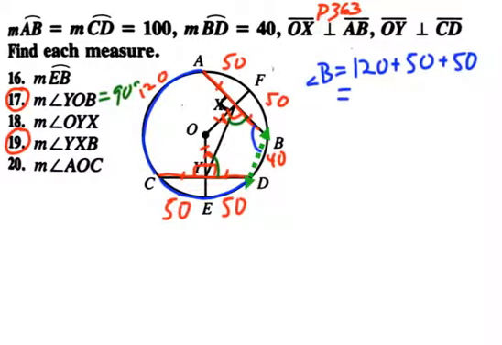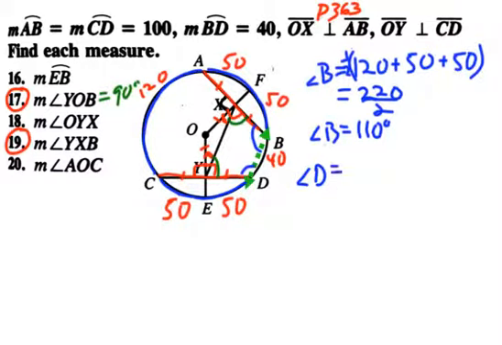So the arc is 220, and since it's inscribed, it's one half times all of that, so angle B equals 110. If you notice, angle D intercepts the same exact measures, just that the 100 is on this side. So angle D is congruent to angle B, and they are both 110.